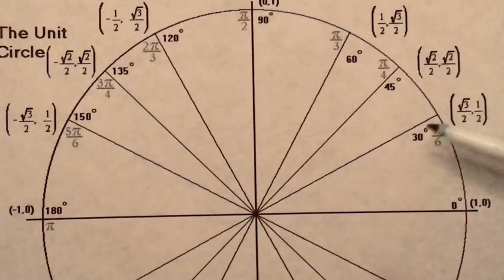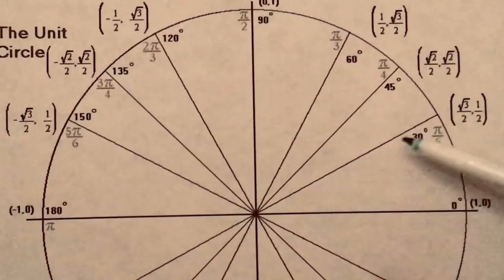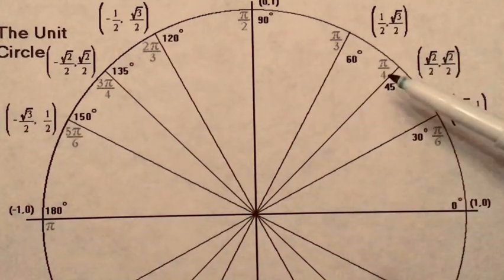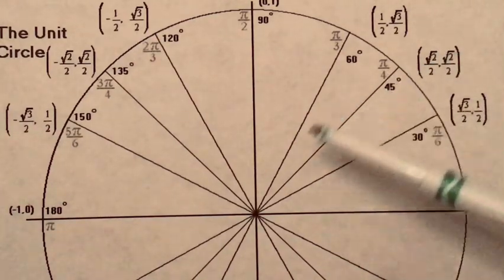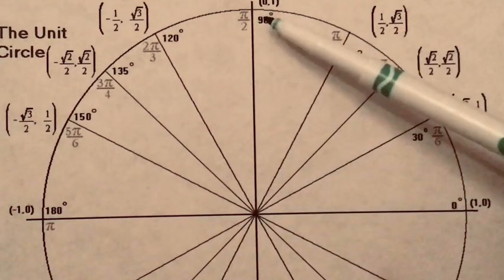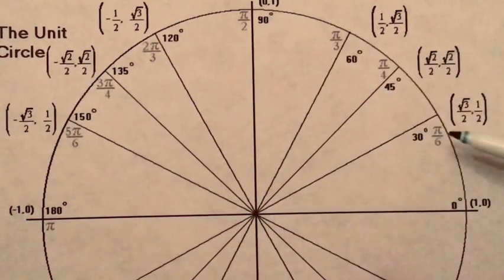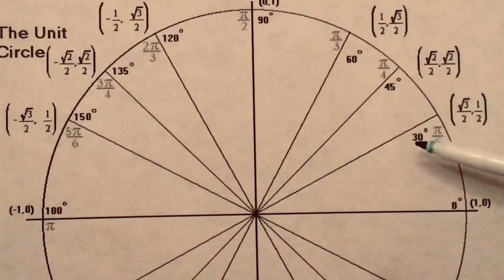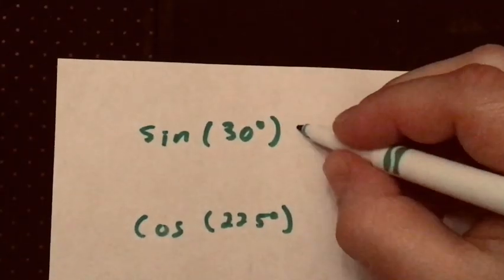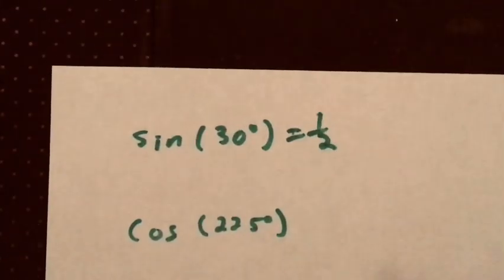If you think of these like spokes of a wheel, this spoke goes to that ordered pair for 45 degrees, the 60 degree spoke goes with that one, 90 degrees is this one, and so on. For 30 degrees, the sine is going to be 1/2. So sine of 30 degrees equals 1/2.